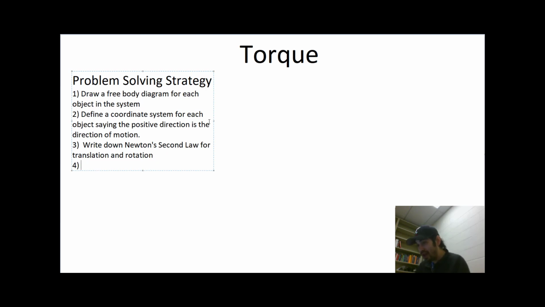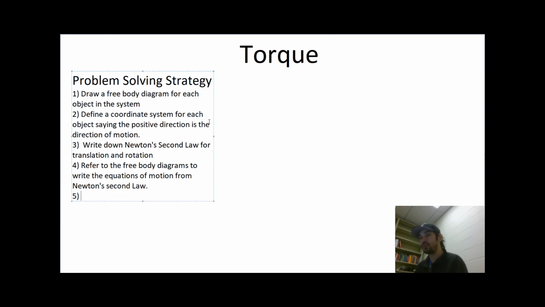Now we want to refer to the free body diagrams to write the equations of motion from Newton's second law. The last thing, we just need to solve equations for whatever we're asked for.